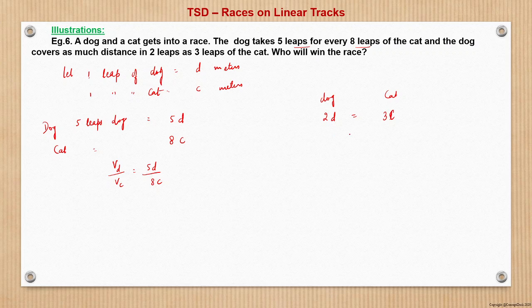So from here we can say that c is equal to 2d by 3. This we will substitute here. So vd upon vc is equal to 5d upon 8, and for c we write 2d upon 3. So it becomes 15d upon 16d. So 15 by 16 is the ratio, right?